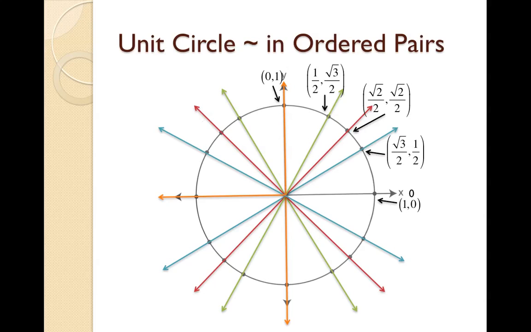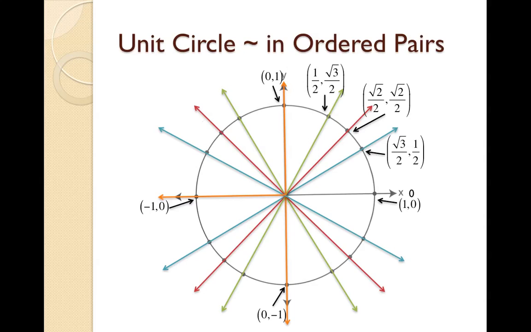So if I'm right on the y-axis, for example, where my terminal side intersects with the unit circle is going to have to be 0, 1, because that radius again is a length of 1, but it's on the y-axis, so that's a y value now. So 0, 1 would be a point there. We'd have the point -1, 0 there, and we'd have 0, -1 there.